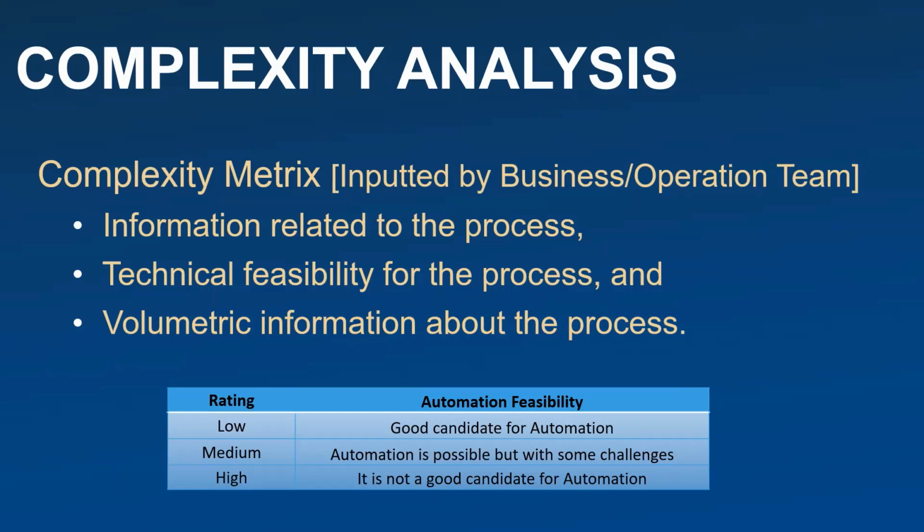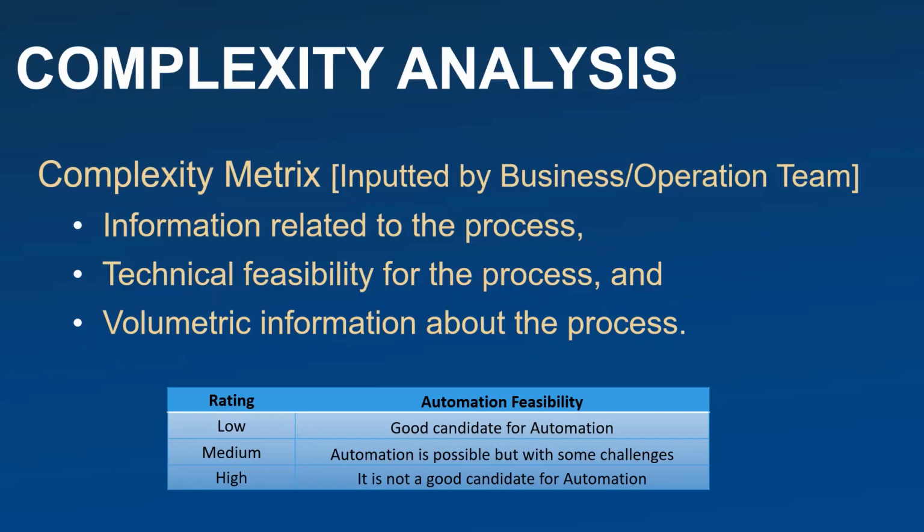If your rating is medium, automation is possible, but there are a few challenges. Maybe you need to use more actions, or it is lengthier, or more complex in terms of business rules and logic. When the rating is high, it is a super complex process, and it might need integration of third-party tools, maybe ICR, OCR.